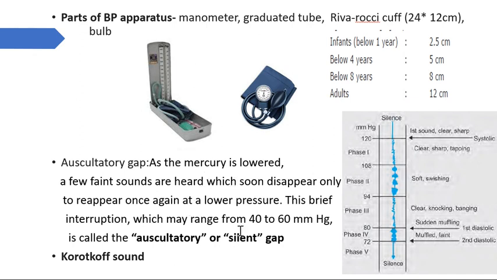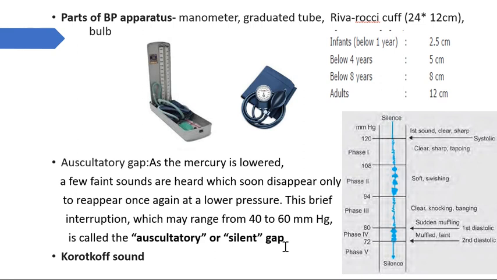It can range from 40 to 60 mmHg. To avoid it, first calculate the systolic value by the palpatory method, then go for the auscultatory method.